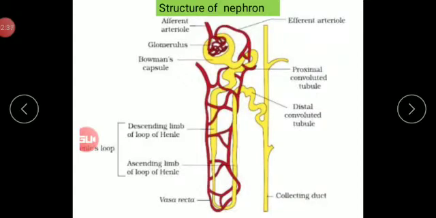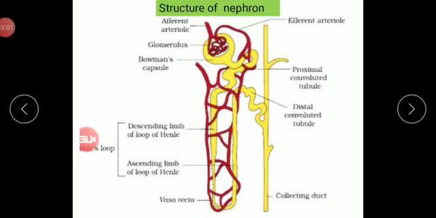Between the visceral layer and the parietal layer we can see a space. The space is called the capsular space, which is responsible for receiving the fluid filtered from the capillary.